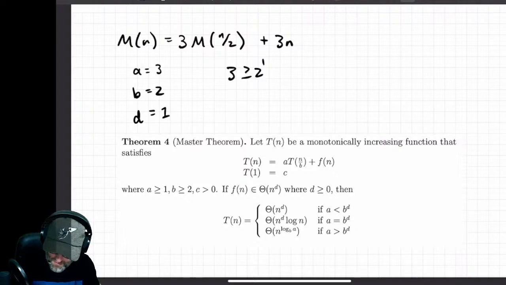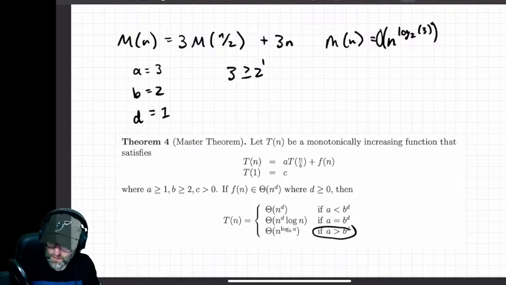So 3 is greater than that. And we have, yet again, case 3 here. And so Gomer's purported solution is going to be order n to the log base 2 of 3.